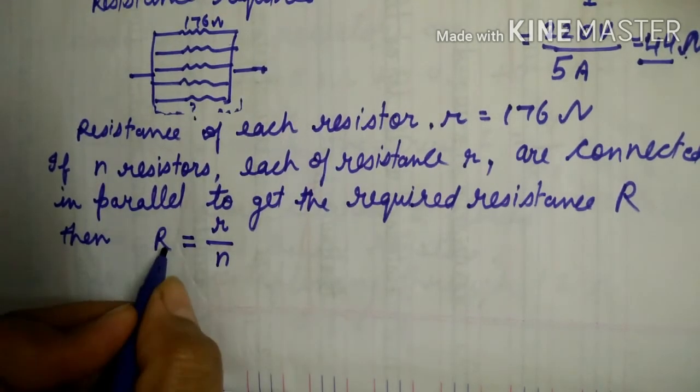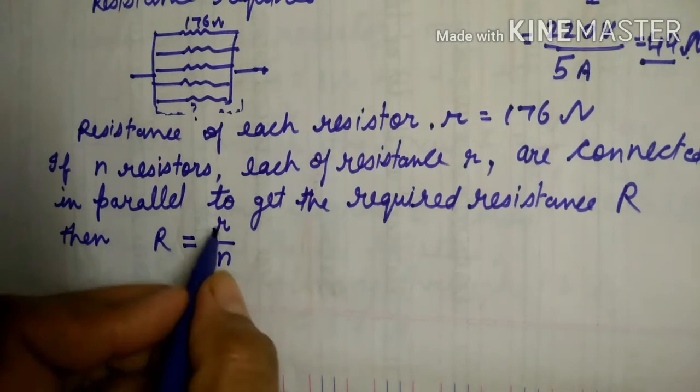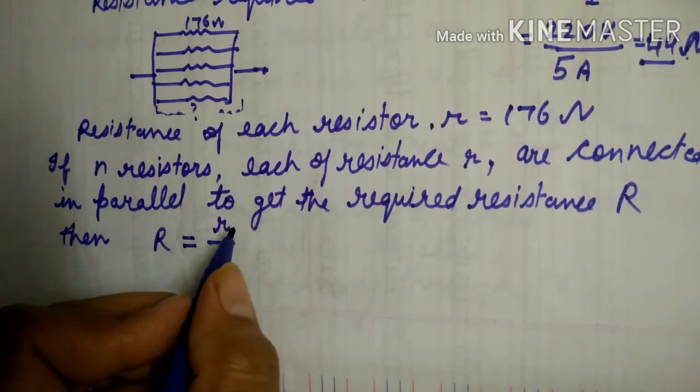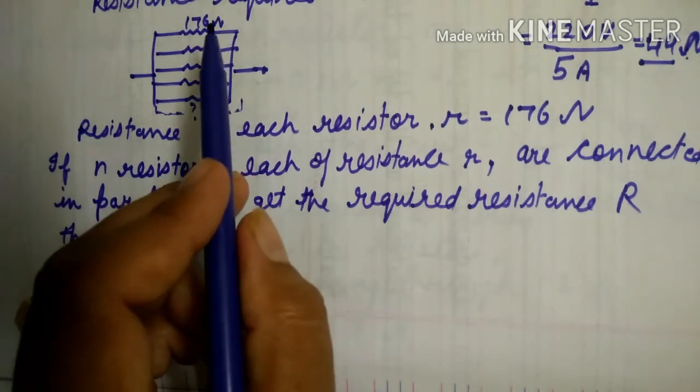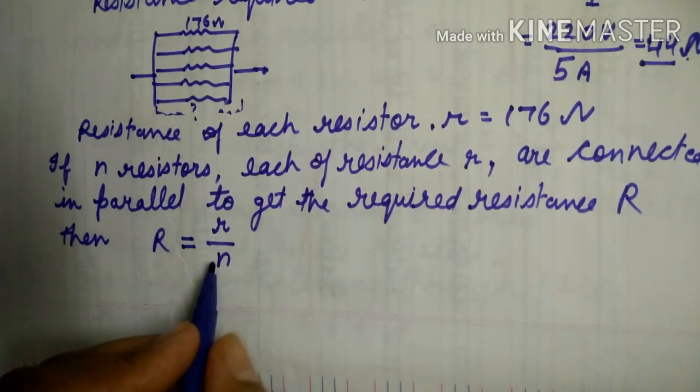Okay, R is the total resistance. Small r is the resistance of one resistor, that's given 176 ohm, and small n is the number of resistors.